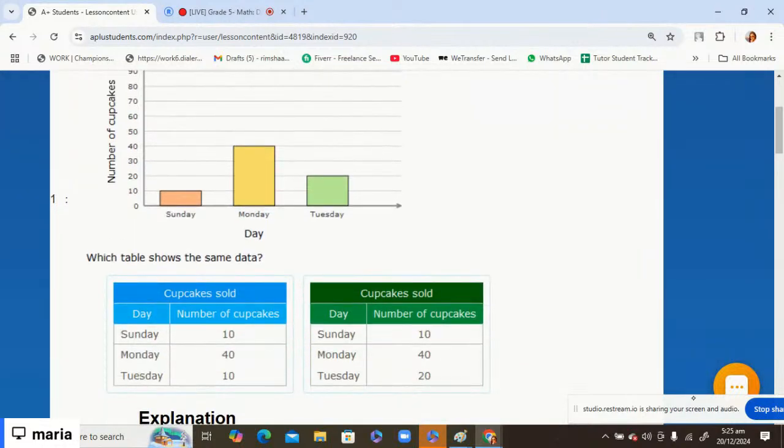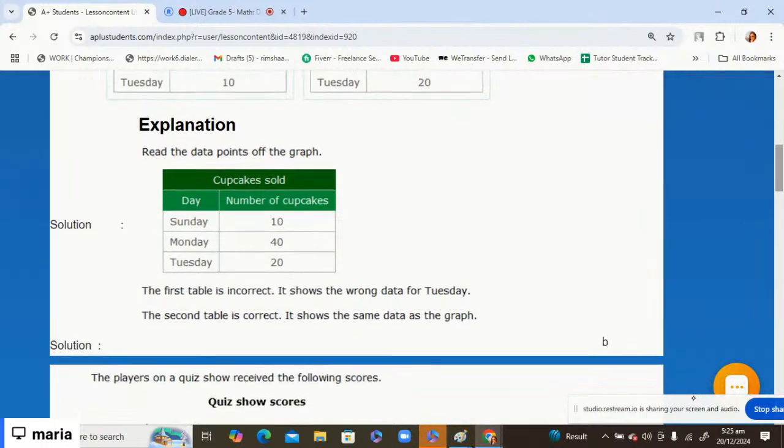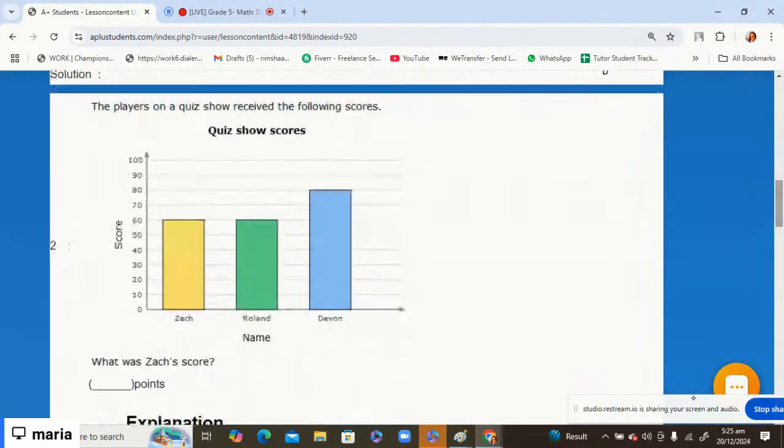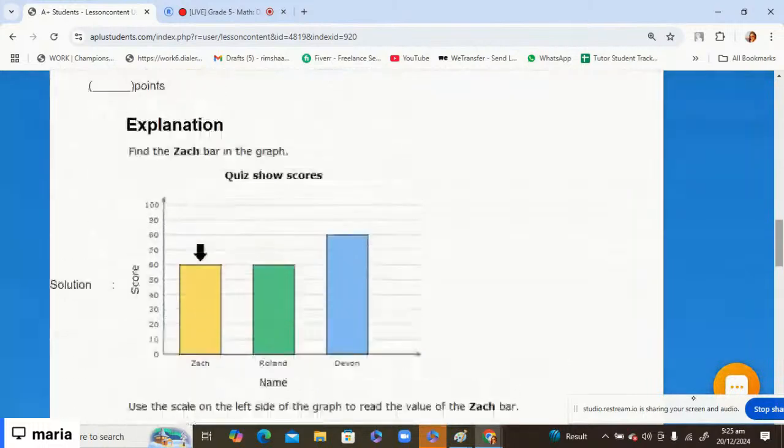Sunday is 10, Monday is 40, and Tuesday is 20. First is not. Let's see the second one. Sunday 10, Monday 40, and Tuesday 20. Yes, B is the same, just like it.